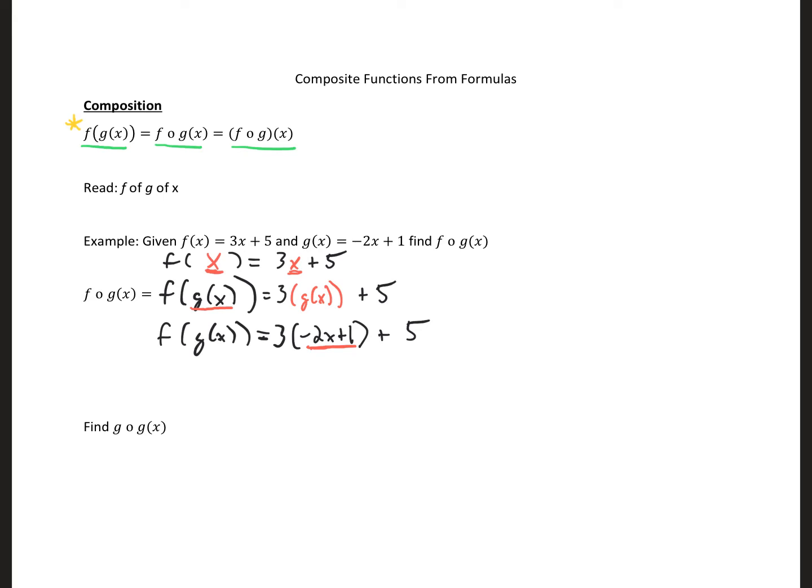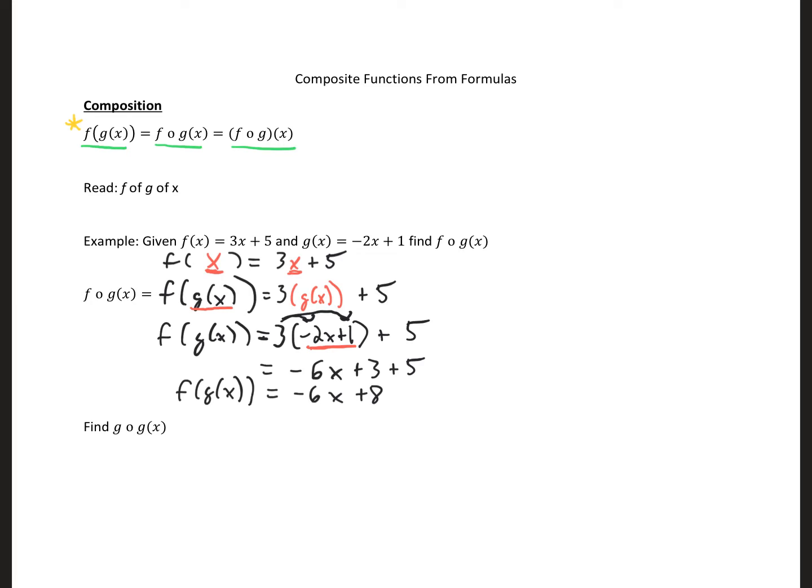Once we do that, we're going to simplify the function to make it look as neat as possible. So here I would need to distribute 3. Negative 6x plus 3 plus 5. This is negative 6x plus 8. F of g of x is negative 6x plus 8.